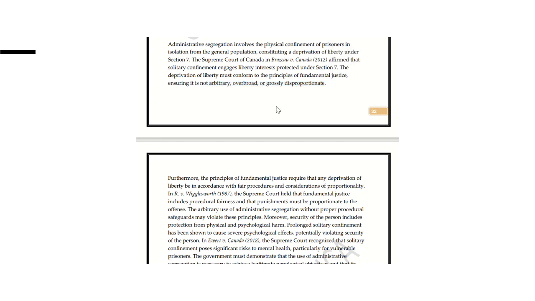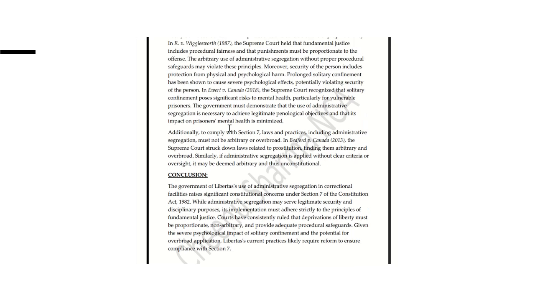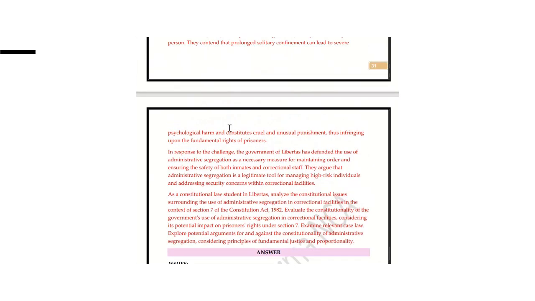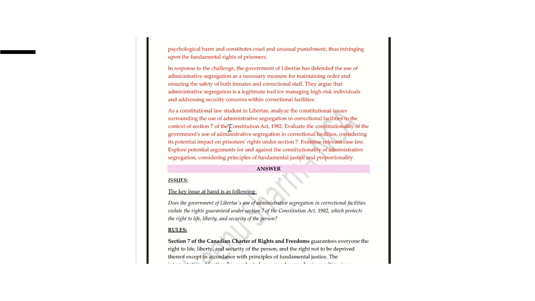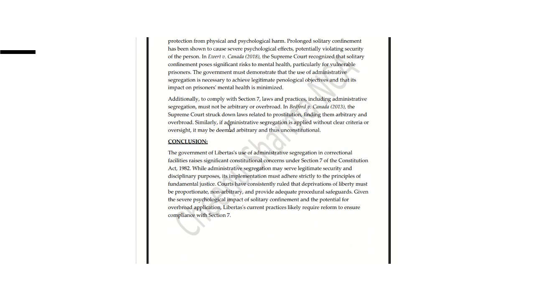If you get a similar question for 30 or 40 marks, then you have to elaborate all these things, and even go to the important Bedford versus Canada decision, which explains what arbitrary laws and overbroad laws are. Then you can follow a complete detailed analysis. But if you are getting a question straight away like this, on just one issue, one fact related to solitary confinement, with the section directly mentioned, then there is no need for a detailed analysis. Just follow 2-3 case laws, relate the facts, and that's more than sufficient.